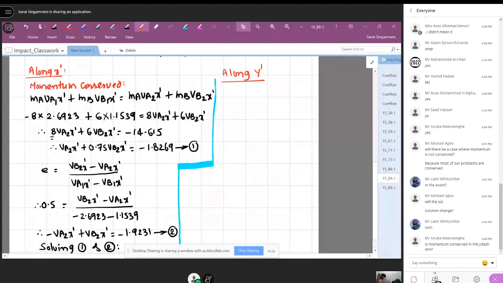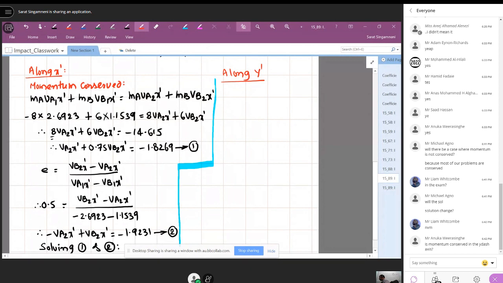Momentum of each particle is individually conserved. Why individually? Along the y-axis, they just brush past, moving tangentially. There is no interaction. They just move. So momentum of A before impact is equal to momentum of A after impact along y.